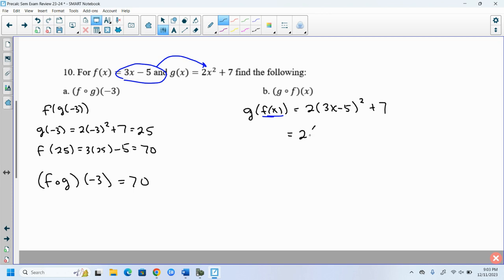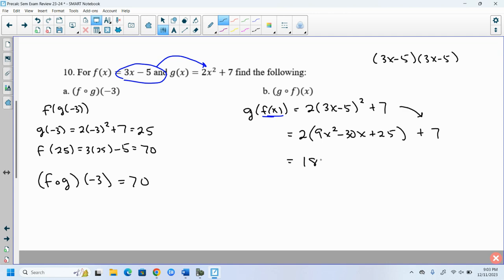You do need to FOIL there. So that'll be 3x minus 5 times 3x minus 5. And you're going to get 9x squared minus 15x, minus 15x is minus 30x plus 25. Don't forget your plus 7. It still needs to come down there.